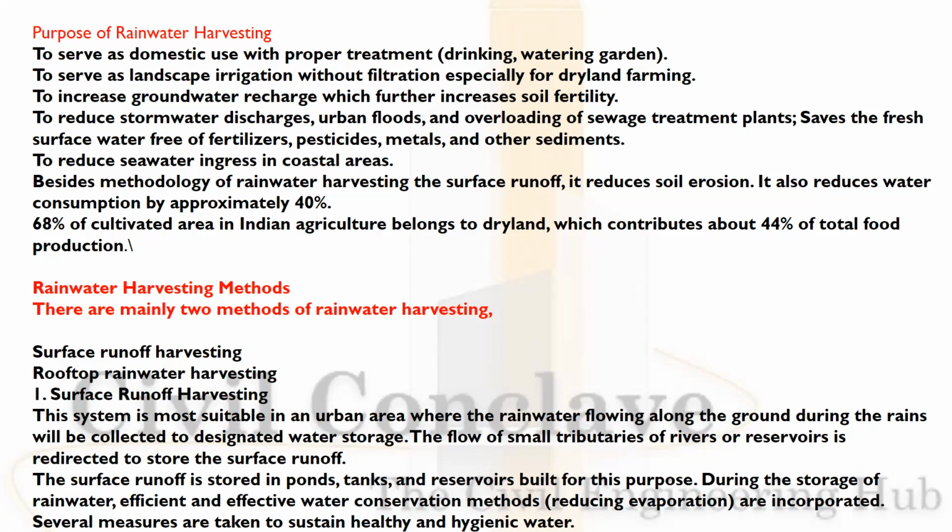The surface runoff is generally stored in ponds, tanks, reservoirs. During the storage of the rainwater, efficient and effective water conservation methods, such as reducing evaporation, are incorporated. Several methods are taken to sustain healthy and hygienic water.